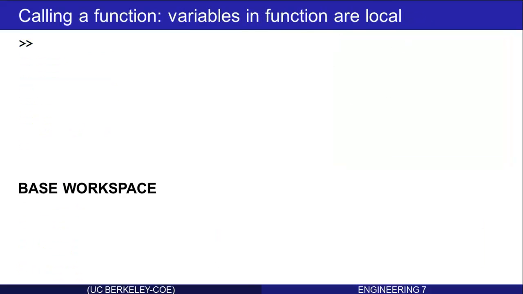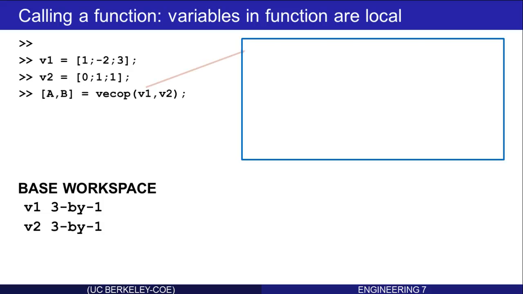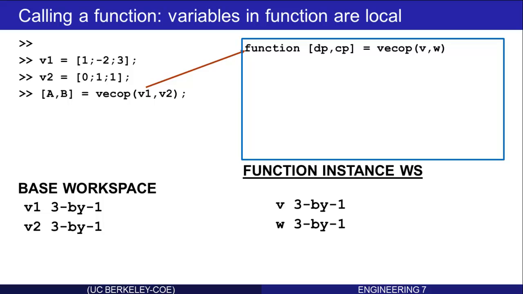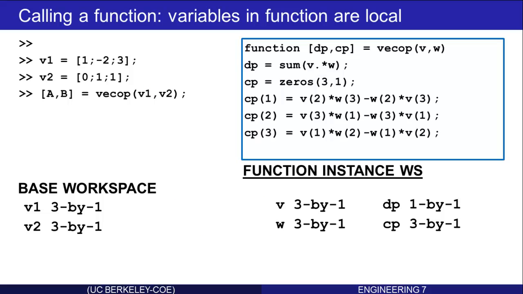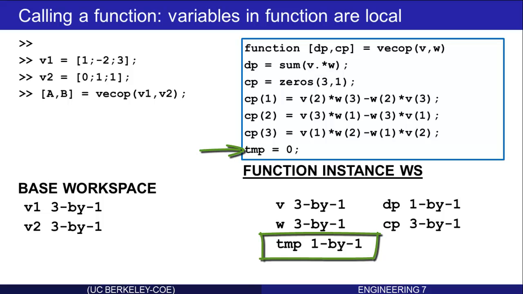Here's another example to drive home the point that variables in a function are local to the function. Again, create vectors v1 and v2 in the base workspace and make the call to vecop. The input arguments are passed by copy, so v is a copy of v1 and w is a copy of v2. Do the dot product and cross product calculation, creating new variables in the function instance workspace, and then define a new variable temp in the function instance workspace, the scalar 0.